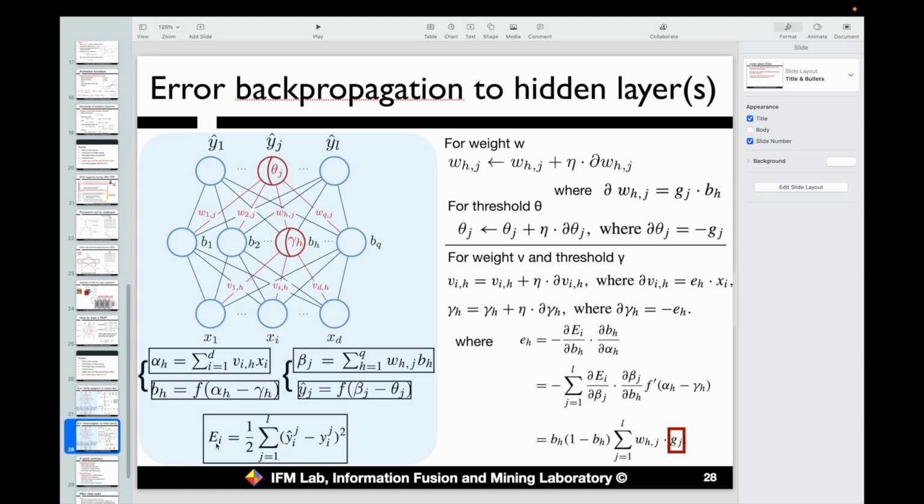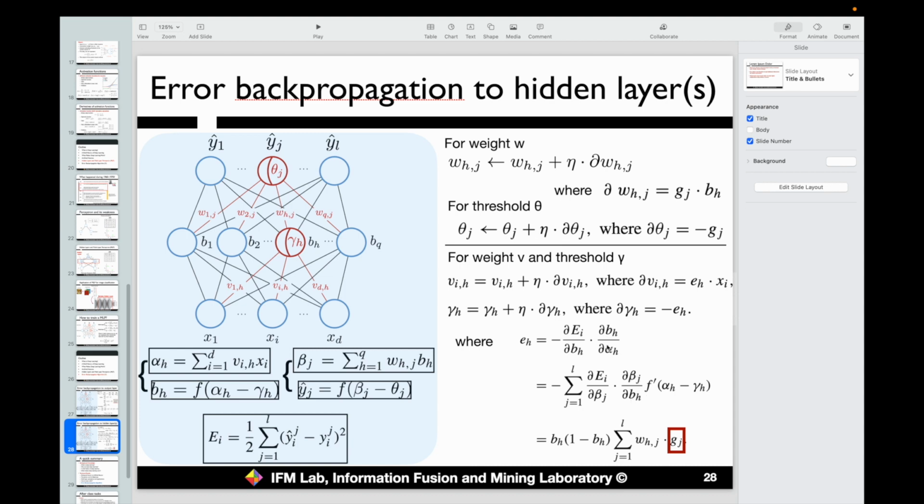Because this loss function is defined based on y hat, and the y hat is defined based on beta, and beta is defined based on b, right? Therefore, according to the chain rule, we have to do many steps, and we can represent the result as the summation over all the output neurons. We calculate the partial derivative of the loss term versus the intermediate results for all the neurons, and further multiply by its derivative versus b_h.